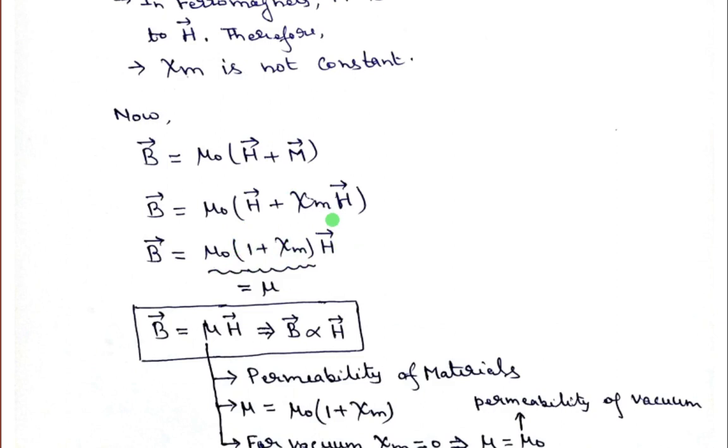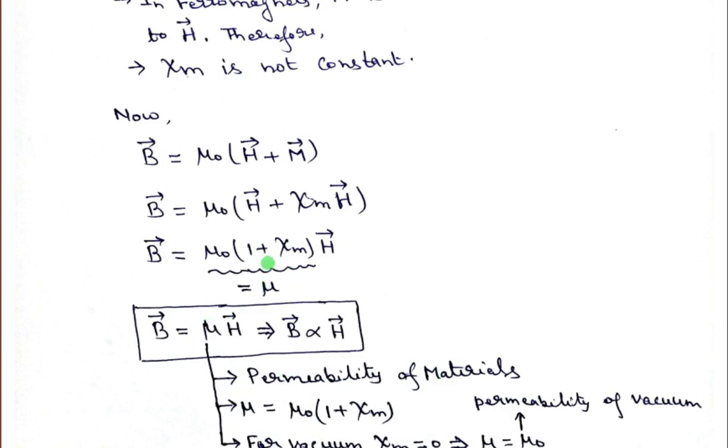Now I will define a new quantity, mu 0 in bracket 1 plus chi m, equal to mu. This mu is known as the permeability of the material. Permeability means how much magnetic field is allowed to pass through the material.